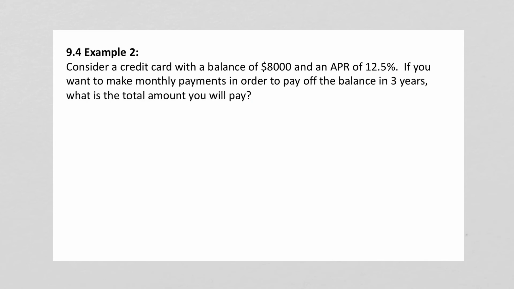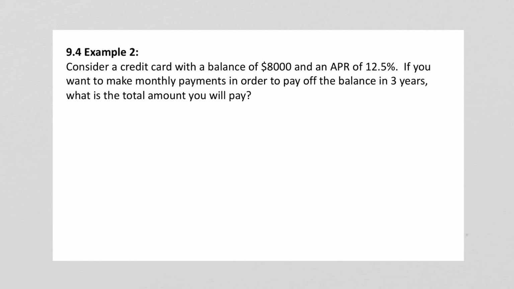Example 2 says, consider a credit card with a balance of $8,000 and an APR of 12.5%. If you want to make monthly payments in order to pay off the balance in 3 years, what is the total amount you'll pay? Well, you're going to use the formula that I think is actually labeled to pay off a credit card.